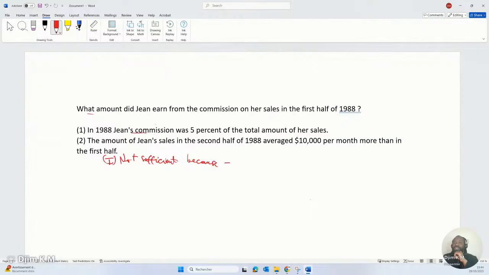Okay, so if we say that the commission C in 1988 is equal to 5% of total sales, but we don't know the total amount of sales, and so this is not sufficient, okay?